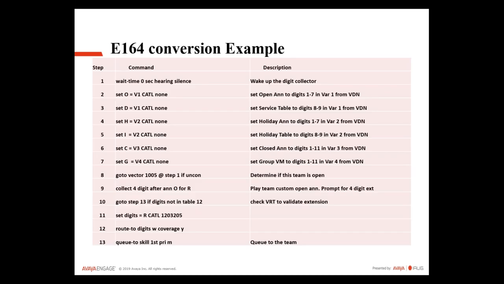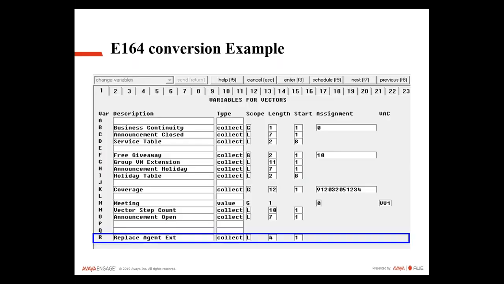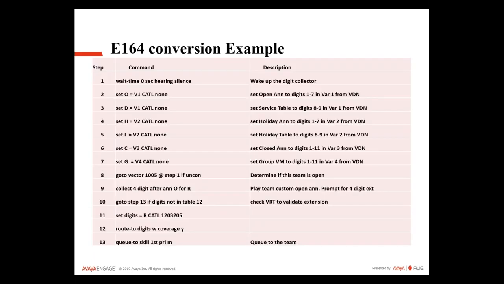What we're going to do here is come down, and I'm going to collect 4 digits after announcement O for R. So R was our replace agent extension. So we're going to prompt for that. I'm still going to check to make sure that it's a valid extension in the VRT. We only have a certain number of groups that prompt for those 4 digits. And if a person's moved off a team, I don't want to bother sending it.